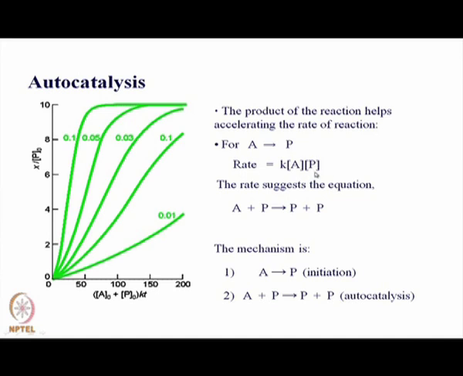Once it is built up, its concentration is appreciable, and as a result the rate is increased. The rate suggests the equation A plus P giving rise to P plus P. The mechanism is A to P, an initiation step, and then A plus P giving rise to P plus P is the autocatalytic step. That is, this P is again used up over here.